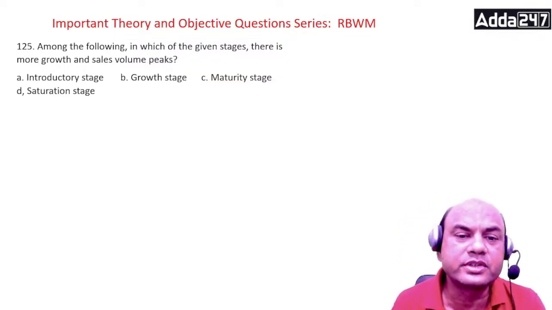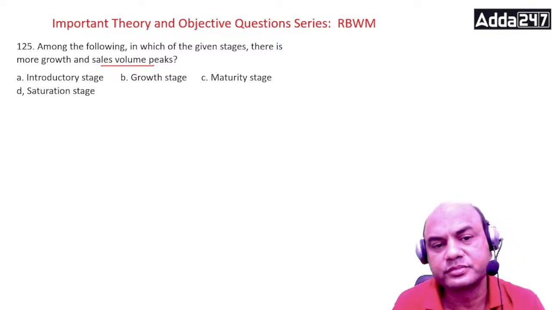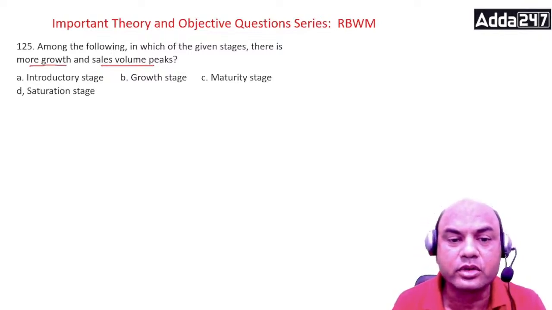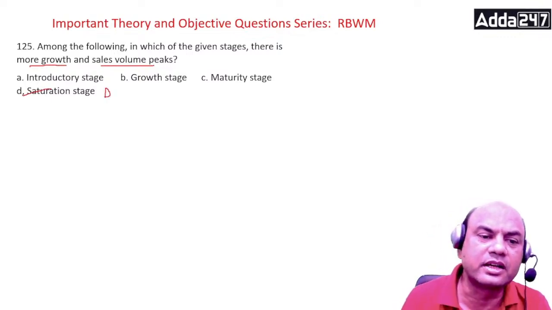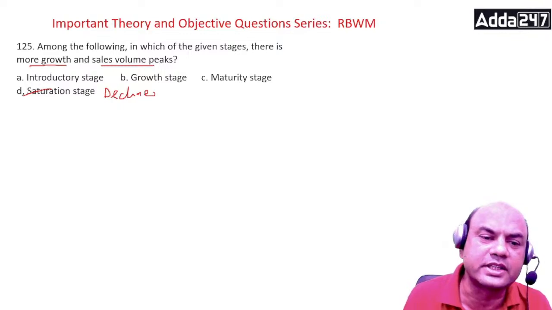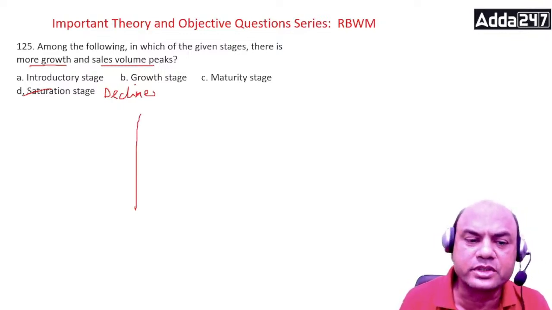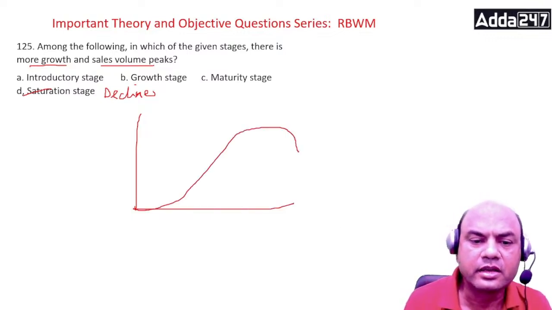Among the following, at which of the following stages is there more growth and does sales volume peak? Introduction, growth, maturity, and saturation, which means the decline stage. Okay, these are the 4 stages actually. So PLC, as I showed you just now on the first question, this is a PLC, right?